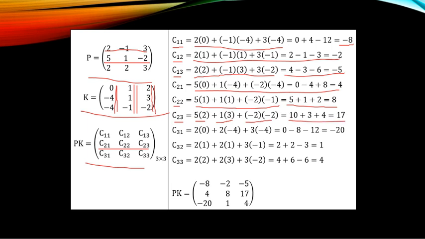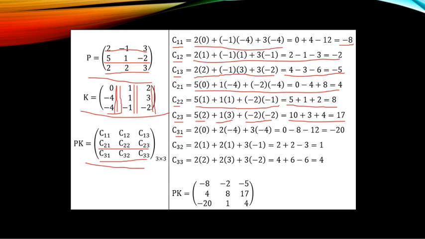Then C31, you are now in the third row of the solution matrix. So C31 means the third row of matrix P times the first column of matrix K. We are now in the third row, doing everything again, that is multiplying the 3 columns of matrix K by the third row of matrix P. You start with the first column.